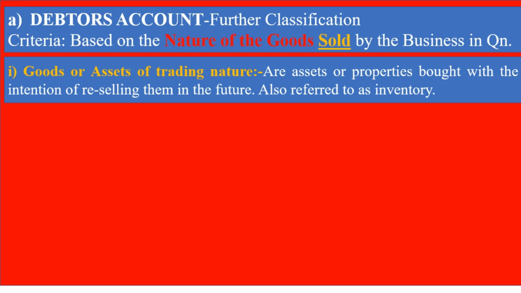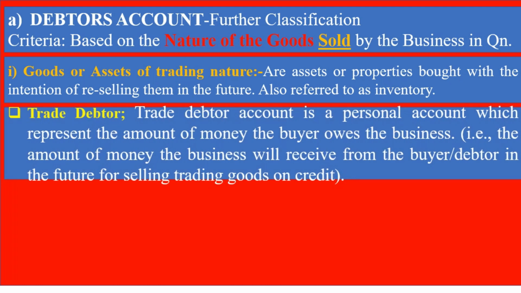Now, these goods of trading nature are assets or properties bought with the intention of reselling them in the future, also referred to as inventory. Under that classification, we have got one example of a debtor, and that is a trade debtor.